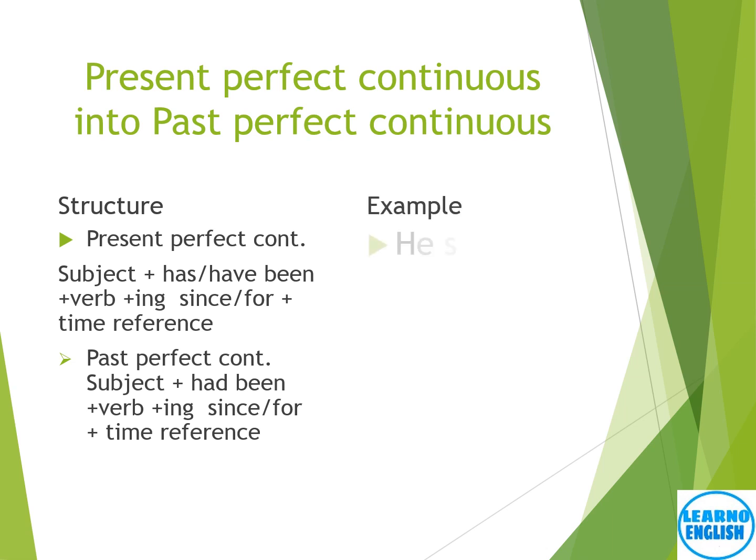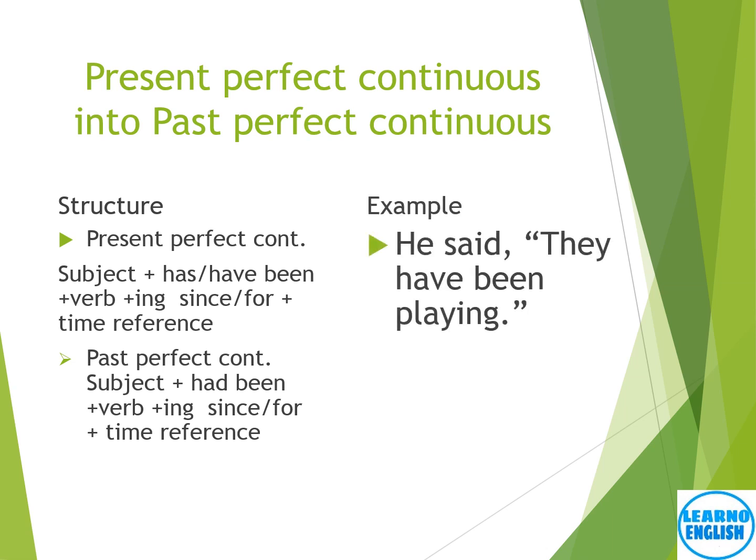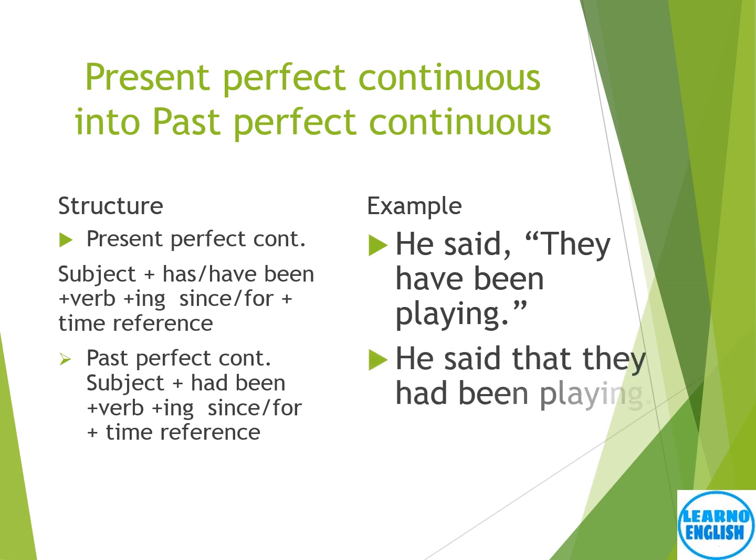Now see the example. He said they have been playing. He said that they had been playing. Here what we have done, we have removed the comma, we have removed the inverted commas. These minor things are very much important. Then this capital T has been changed into small t, and have has been changed into had.